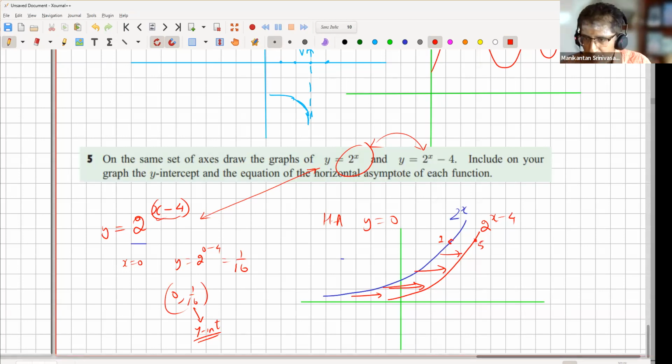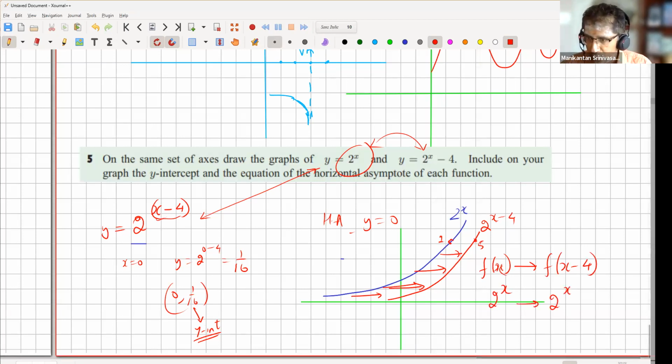But main point is, if I have f of x, then the way I go to f of x minus 4 is by shifting right by 4. And that's what is happening in this case. So 2 power x, x is getting replaced by x minus 4. So it's shifting right by 4. Again, we'll do it in detail when we do transformations of functions. Okay, don't worry too much if you did not get it fully. Okay.